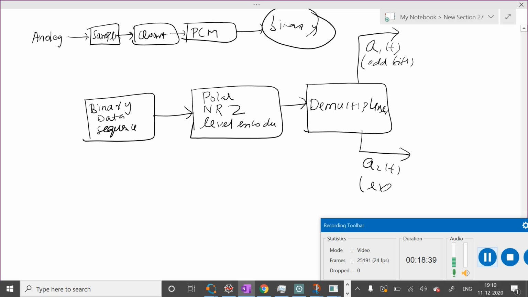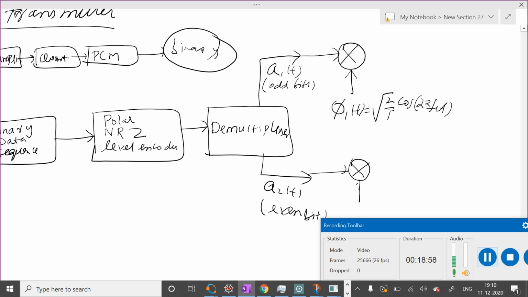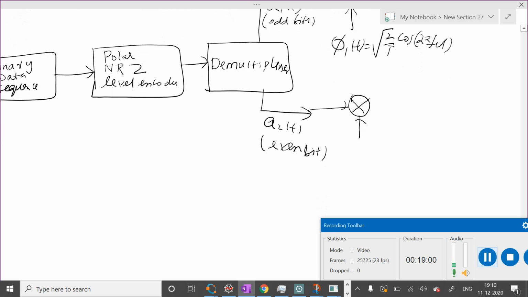This is the even bit part. Then this odd bit part you will modulate using the cos carrier, phi 1 of t, and the even bit part we will modulate using phi 2 of t.